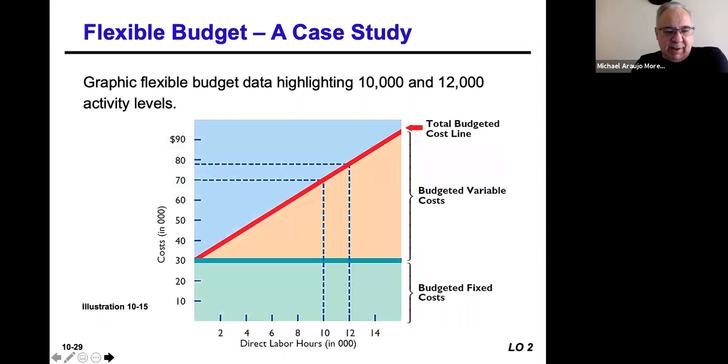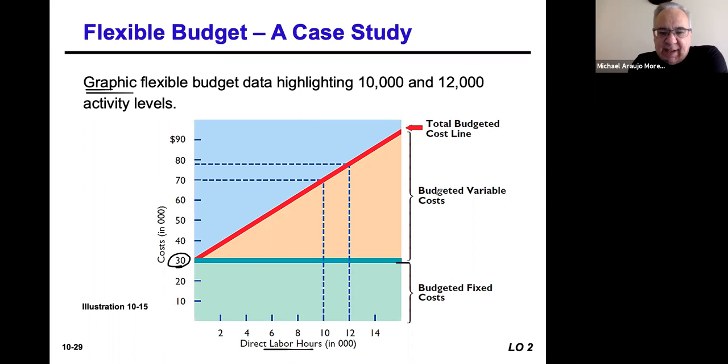So what happens here, and I hate to get graphic with you here, but you're old enough to handle it. In this case here, our total budgeted fixed costs are $30,000, regardless of how many labor hours we work, 2, 6, 10, 14, doesn't really matter. Those budgeted fixed costs are the same, regardless of activity level.